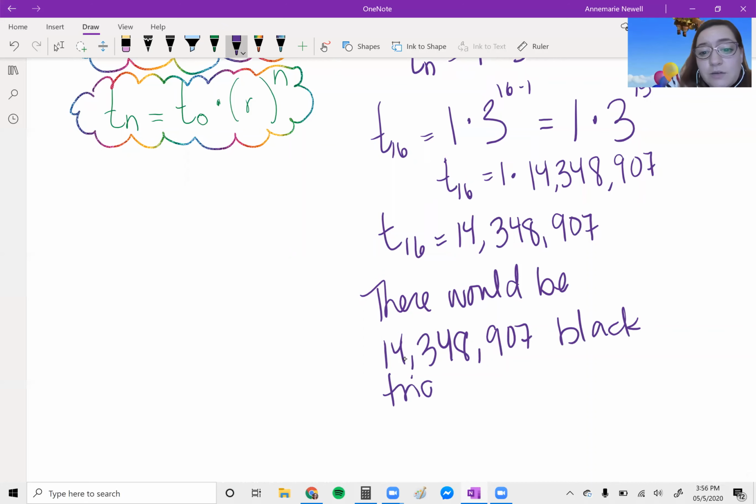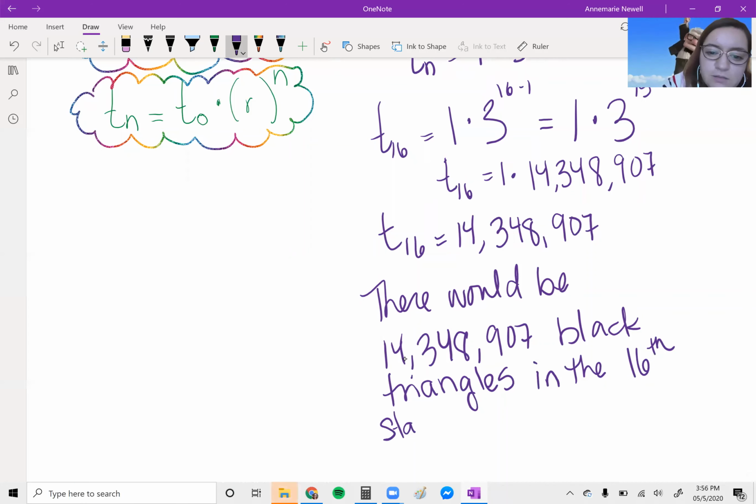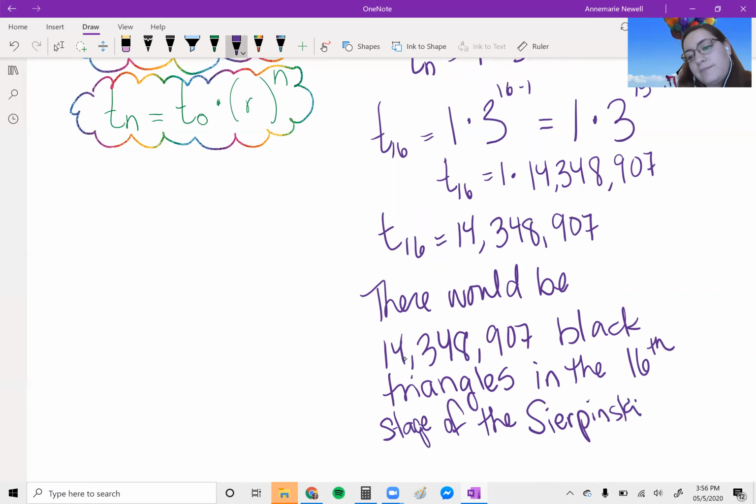Aren't you glad I didn't make you draw out the 16th figure? In the 16th stage of, you can be specific, the Sierpinski triangle. That's so crazy.